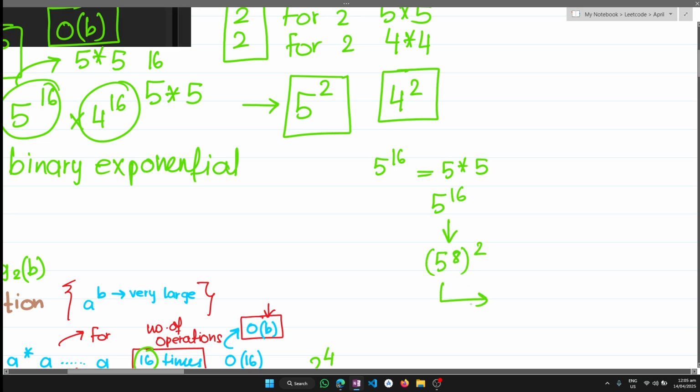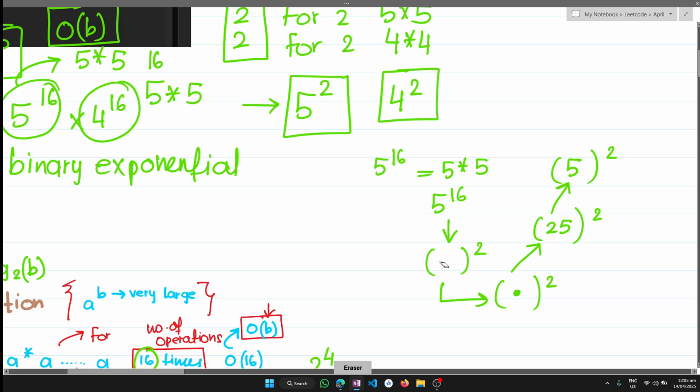Then you can calculate 5 to the power 8 as 5 to the power 4 whole square, 5 to the power 4 as 5 to the power 2 whole square, and 5 to the power 2 as 5 to the power 1 whole square. Now 5 to the power 1 is just 5, so 5 square is 25, and 25 square is whatever 25 square is. So that comes over here.